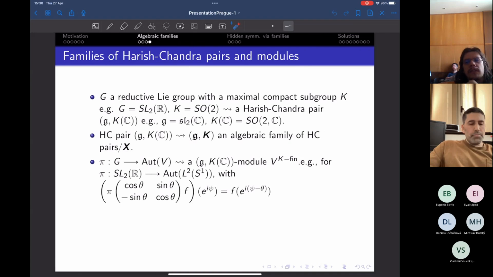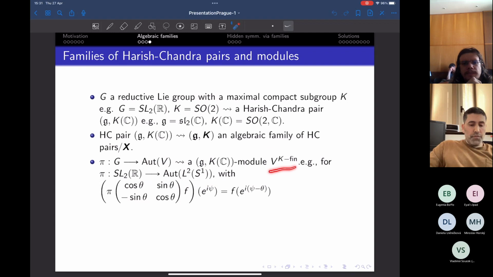For example, in this example that I've mentioned before, SL2R, you can realize many representations, all principal series representations of SL2R, on square integrable functions on the circle. And you can realize this representation in such a way that the maximal compact subgroup, SO2, which is the group of these rotations, will act on a function on the circle by just translating the argument, by left translation.